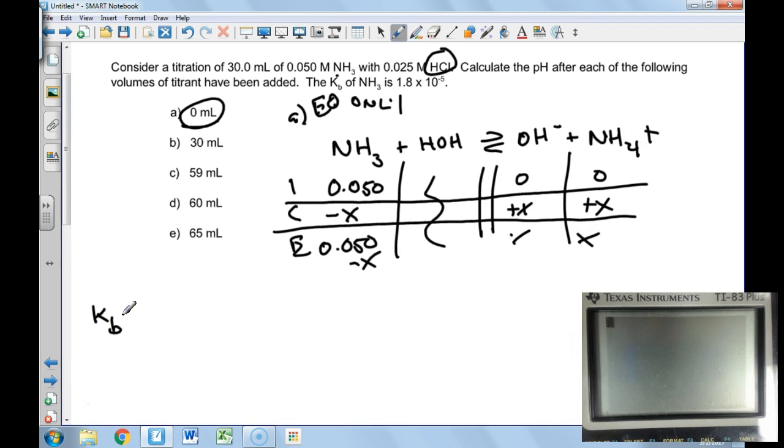Kb equals 1.8 times 10 to the minus 5, because it's a base reaction.